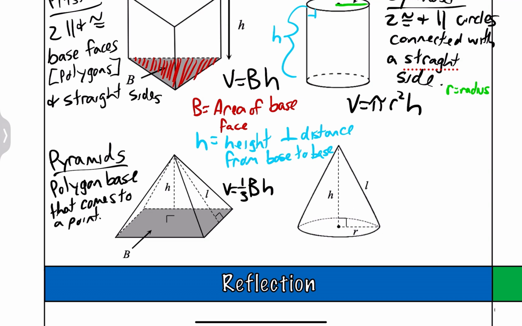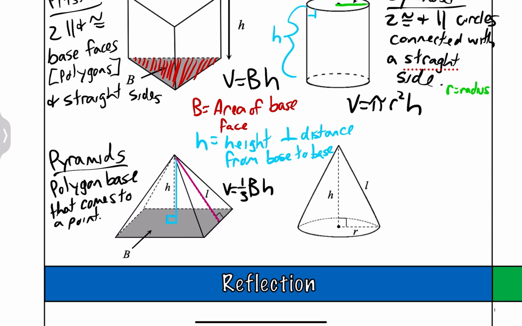Now, here's where it's going to get a little confusing. Remember what I mentioned? Height is always perpendicular to your base. There is something called the slant height. The slant height I'm having labeled with L. This is the height of the triangle side.